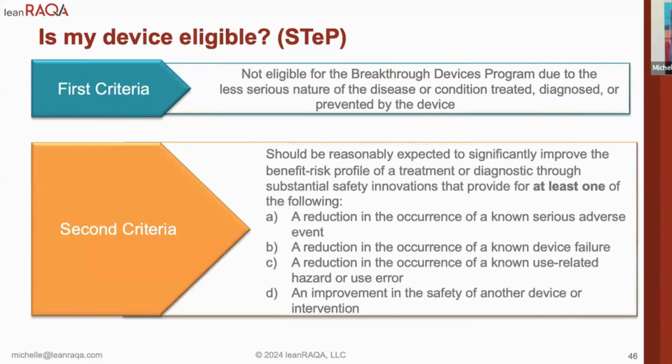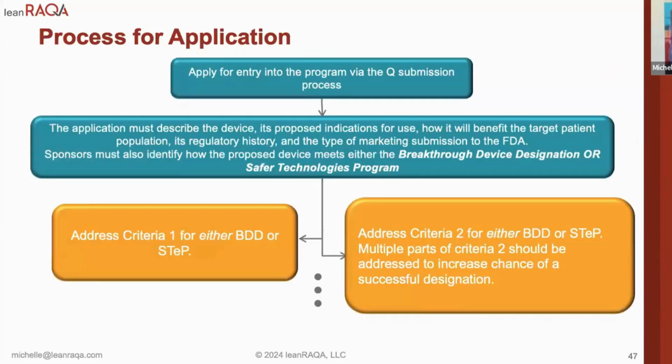The second criteria is similar but slightly different in that it focuses on a reduction in the occurrence of serious adverse events, device failures, use errors, or an improvement in the safety of an alternative device or intervention, which could include even a drug intervention.